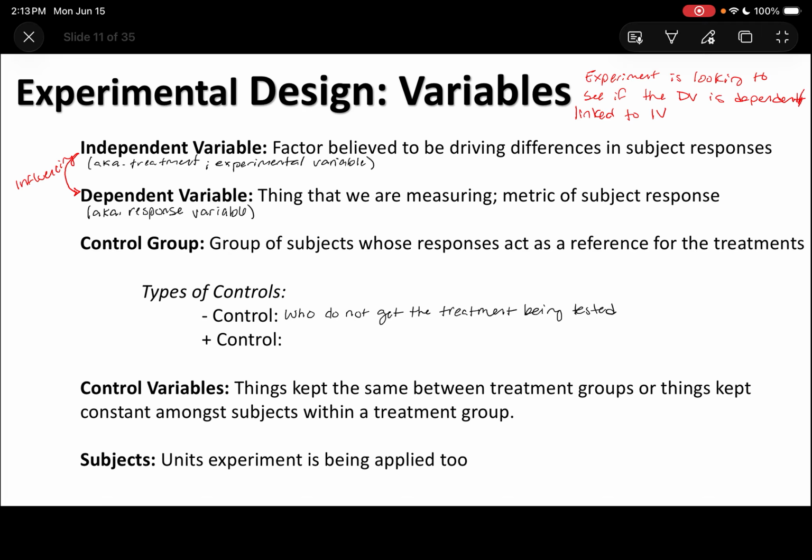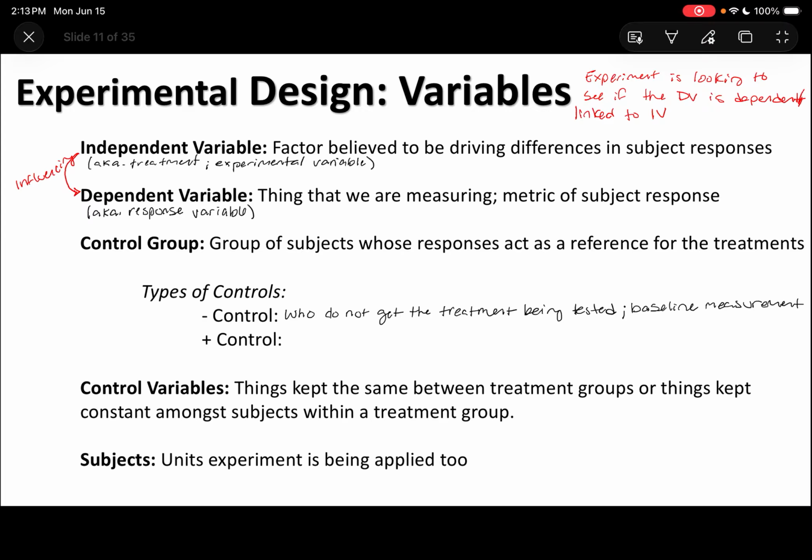Whatever the treatment being tested is, they might get something that looks like the treatment, something we'll talk about later called a placebo, but they're not going to actually get the active treatment that's being investigated in the study. And the entire purpose of the negative control group is to give you a baseline measurement of your dependent variable, okay?